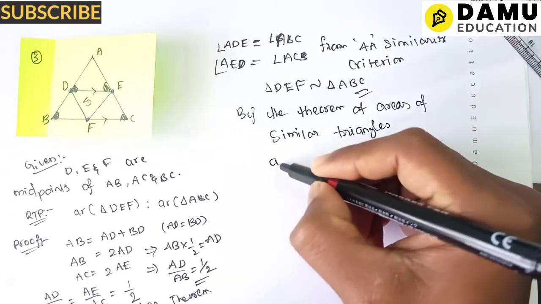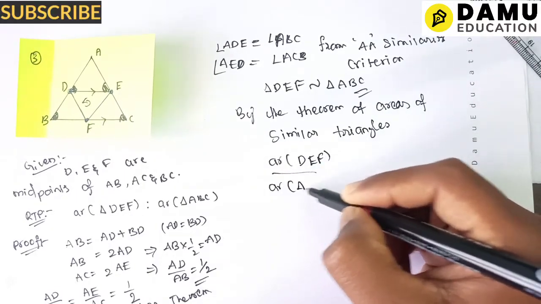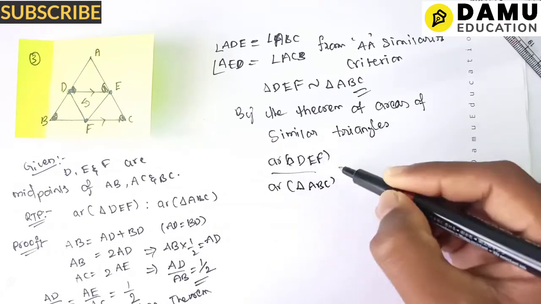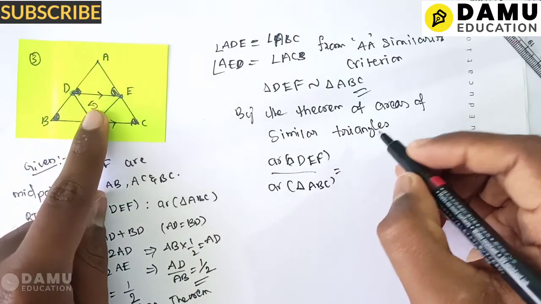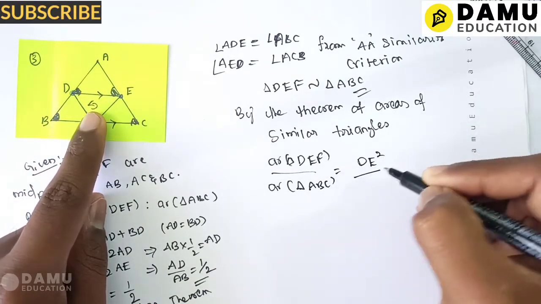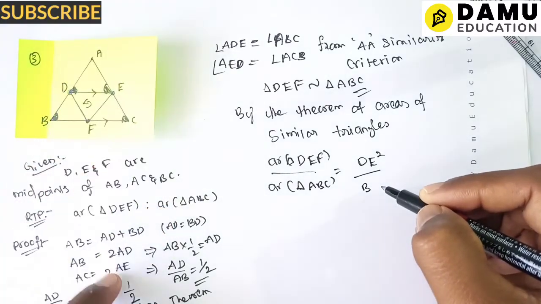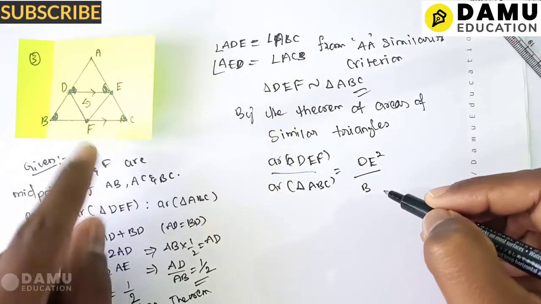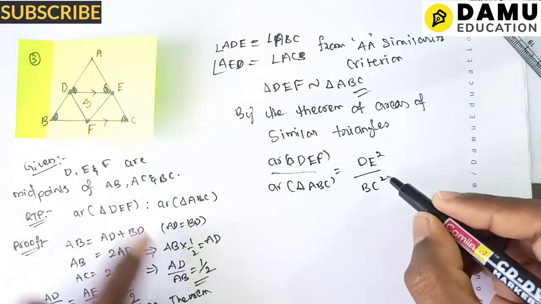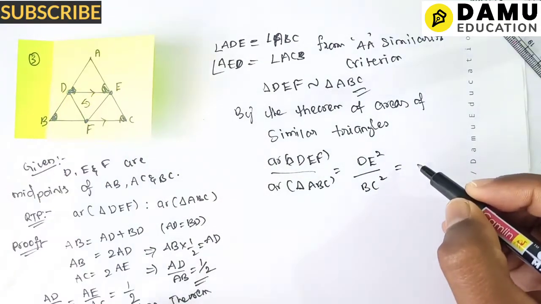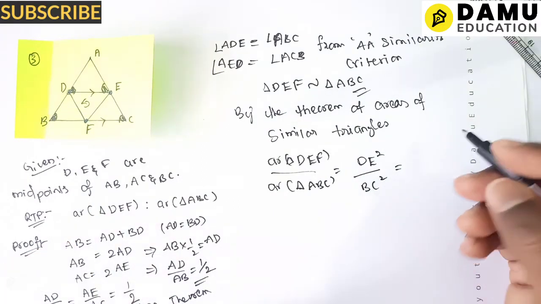area of triangle DEF by area of triangle ABC will be equal to the ratio of the squares of corresponding sides, DE square by BC square. Any one side you can take. Here DE is half of BC.